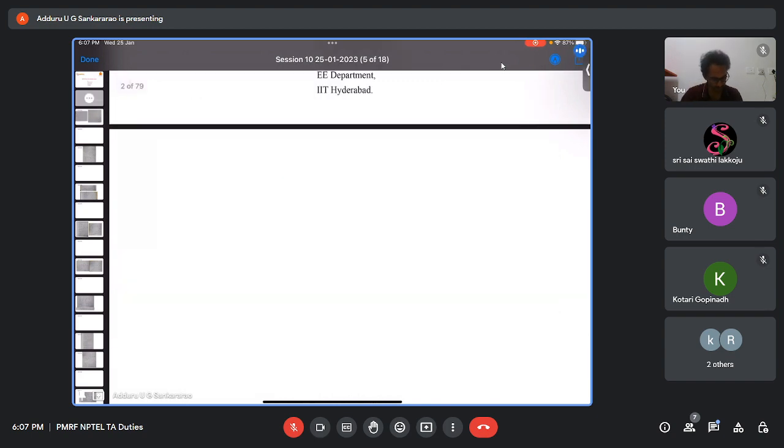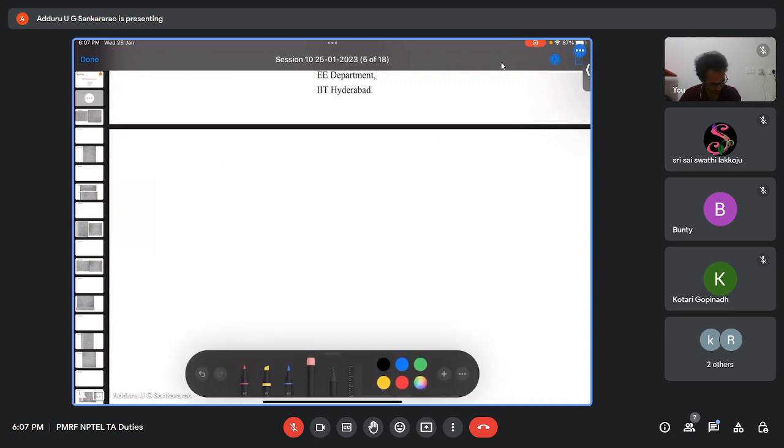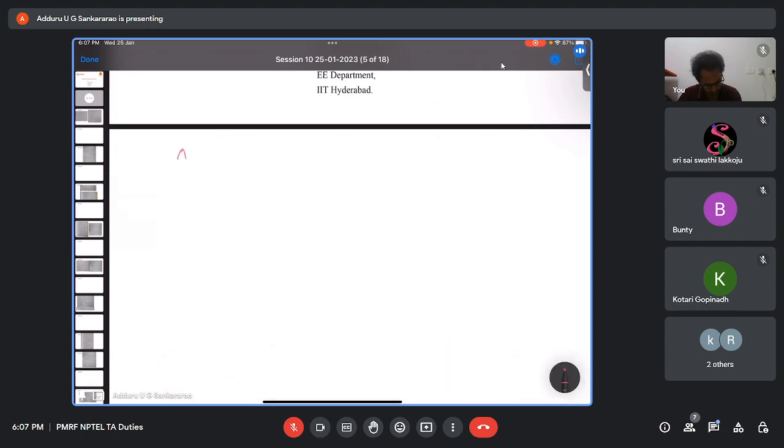So in today's session, we will see analog to digital converters, A to D, and digital to analog converters, and some of the previous questions we'll solve.